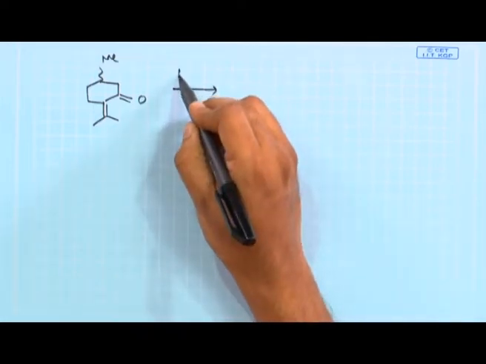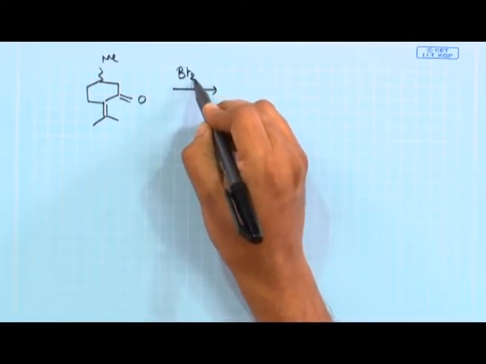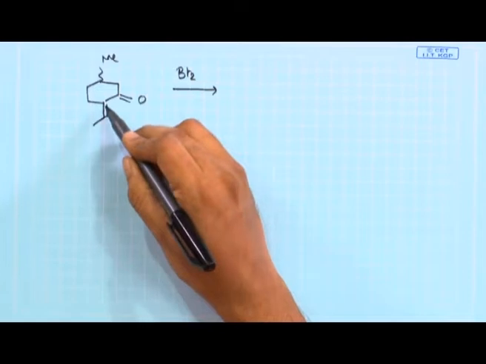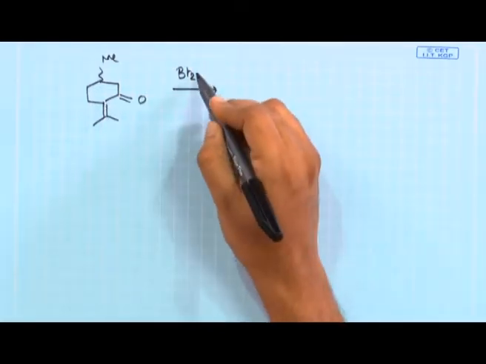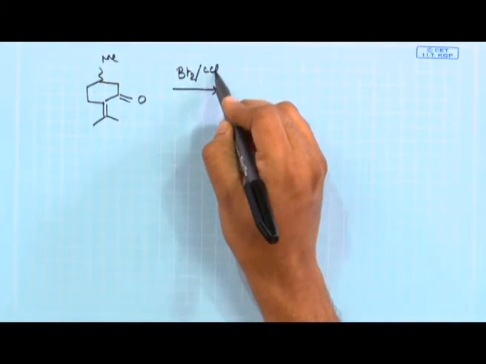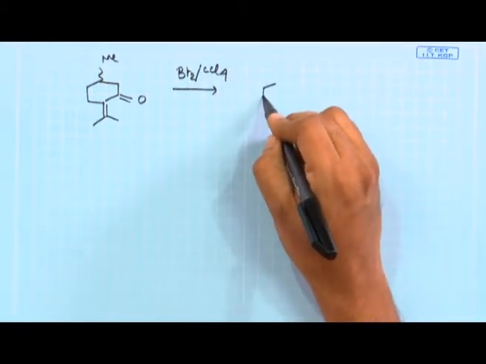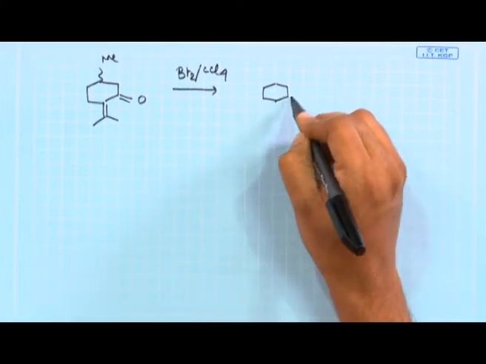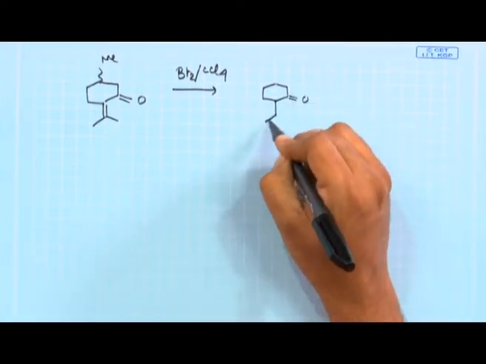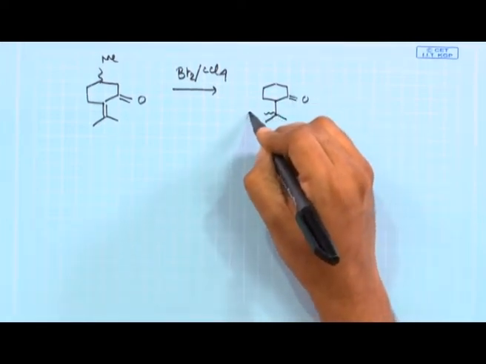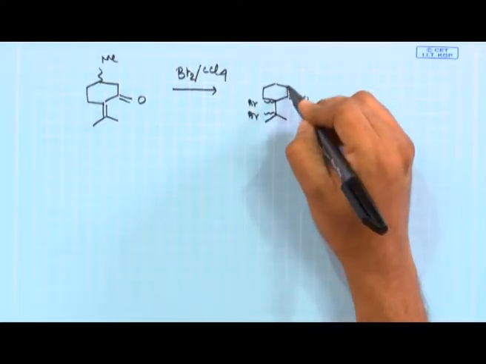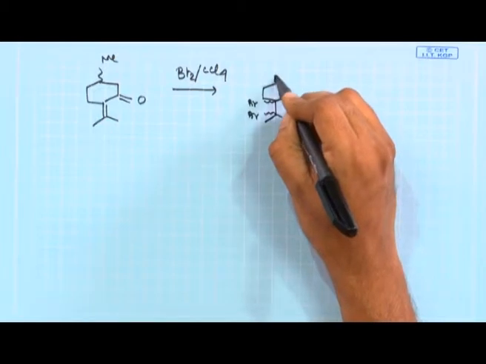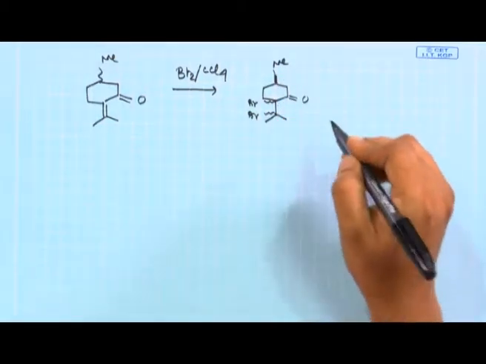So, first we do an electrophilic bromination by treating this compound, as this compound has an olefinic unsaturation, with bromine in carbon tetrachloride, very standard textbook conditions. And then what will you get? You get a bromo here, you get a bromo here, dibromination. The remaining part will be the same.